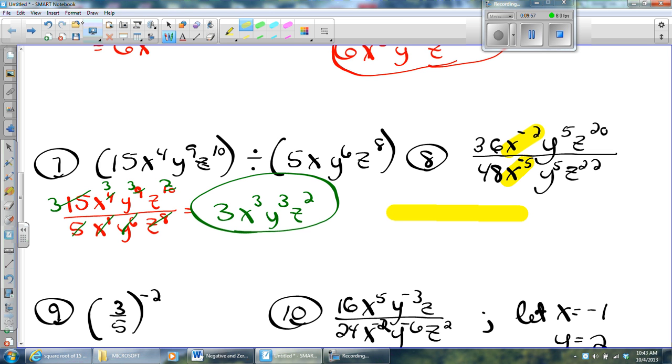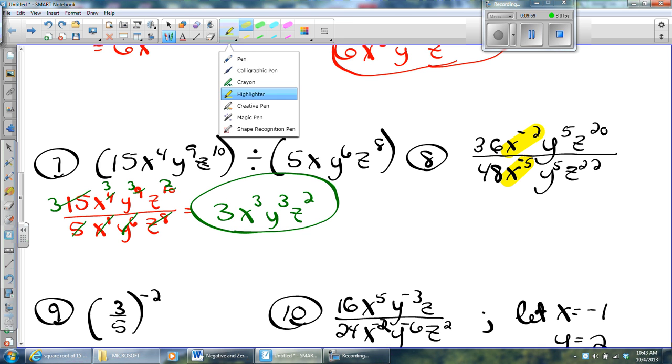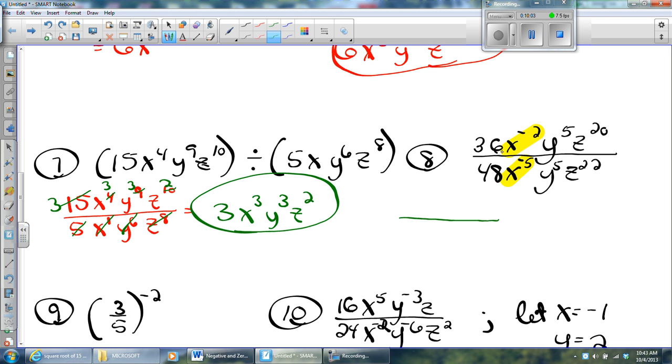That's no good. Okay, so I'm going to form a fraction, and I believe if I divide by 12, I'm going to get 3/4. Now the x squared is going to the denominator. The x to the negative fifth is going to the numerator. The y to the fifths are going to cancel each other out.